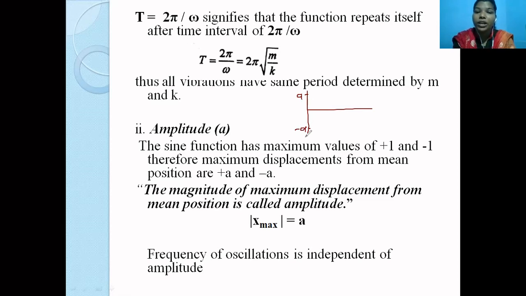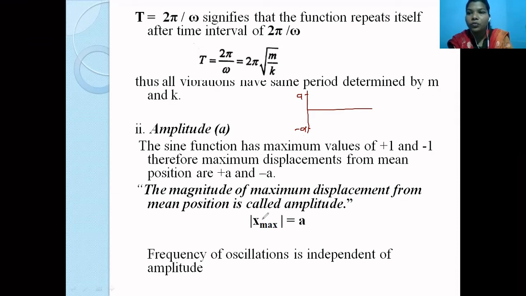And how do we define amplitude? The amplitude is the maximum displacement achieved by an oscillating particle when it reaches either extreme side. The magnitude of the maximum displacement from the mean position is called the amplitude.